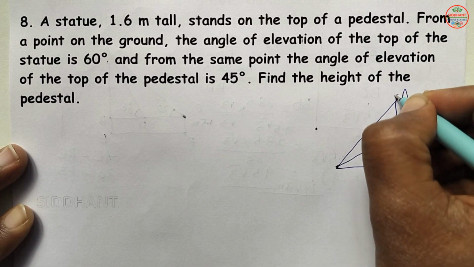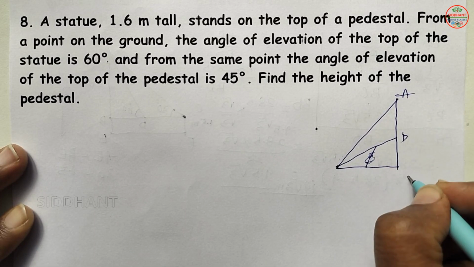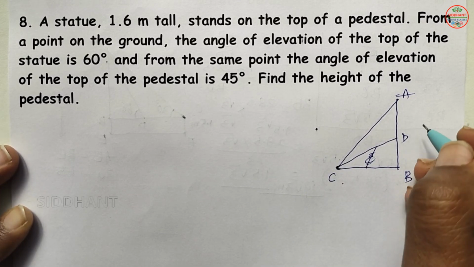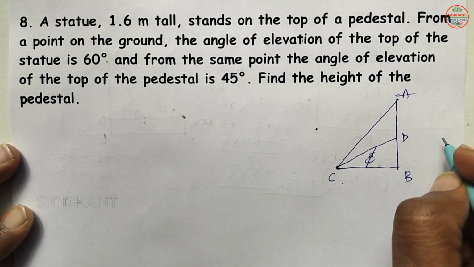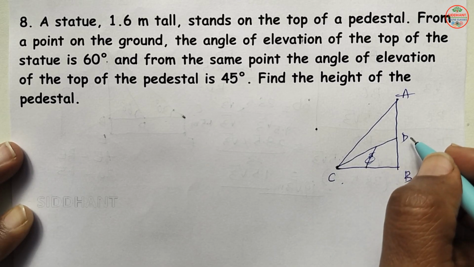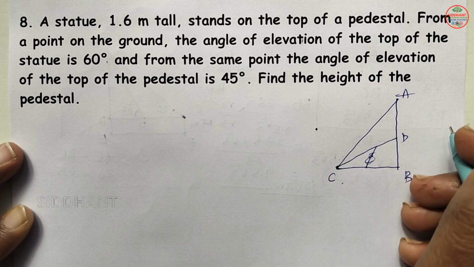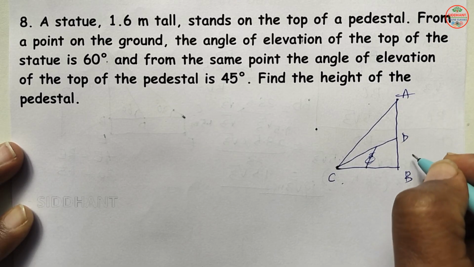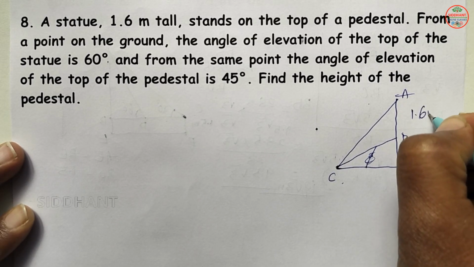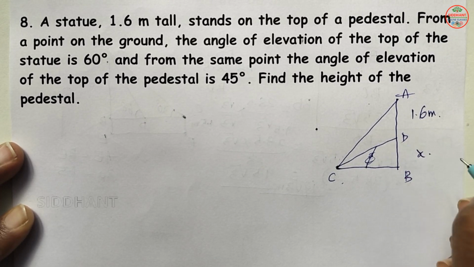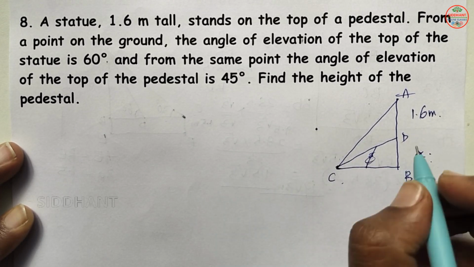This is A, D, here B, and here C. Given is the height of the statue, which is 1.6 meters, on the pedestal. So this will be 1.6 meters, and this height we are going to find out. So let it be x here.